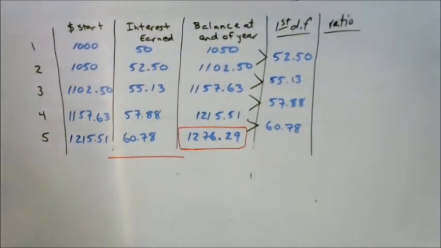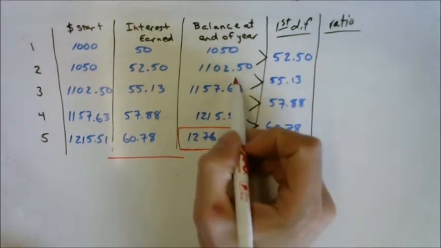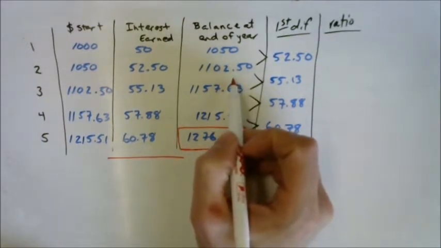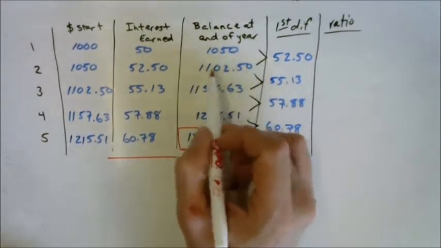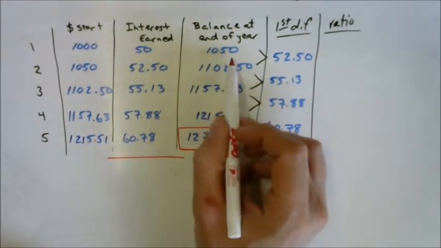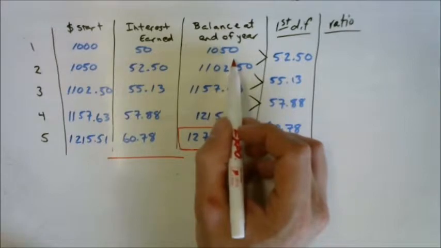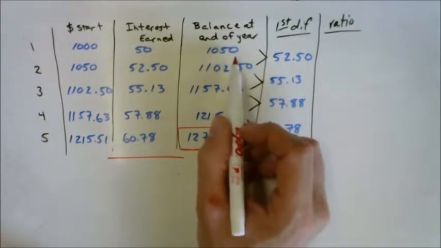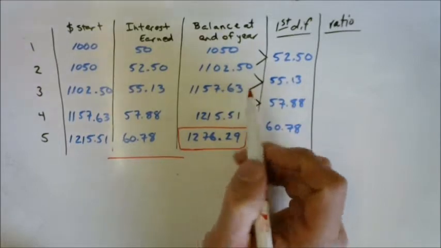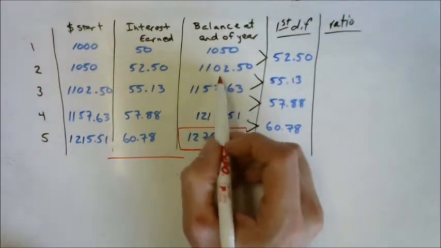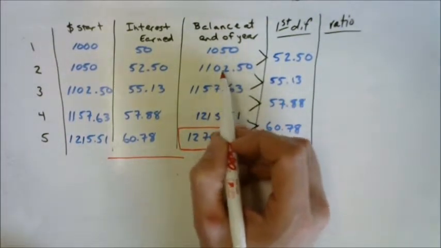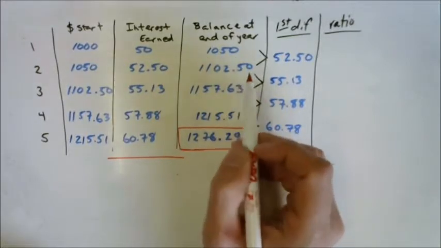So remember, for a ratio, we had to take this y2 and divide it by y1, right? We have to find the factor that is used to get from one y value to a consecutive y value. So the ratio here would be 1102.5 divided by 1050.